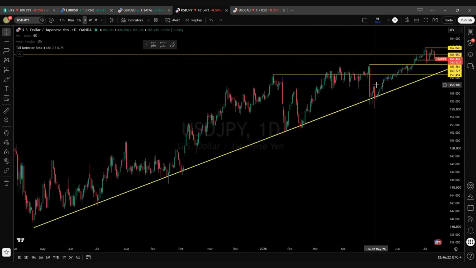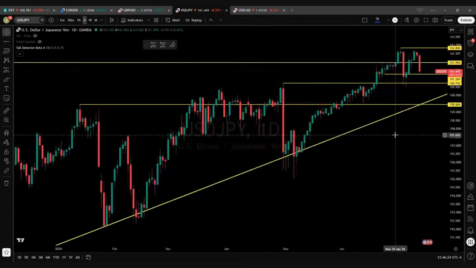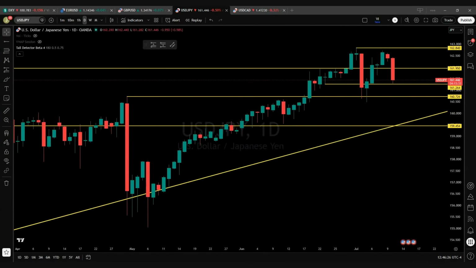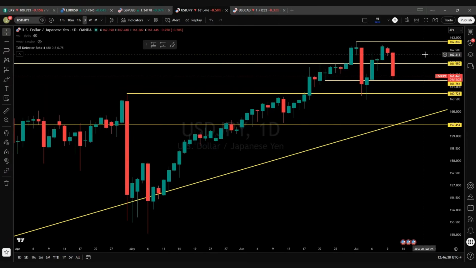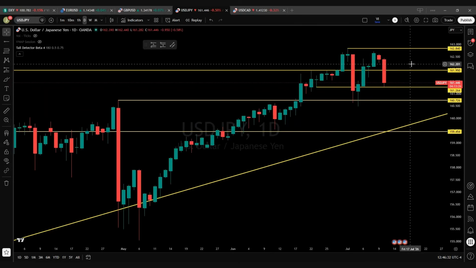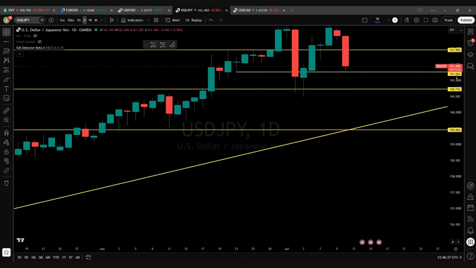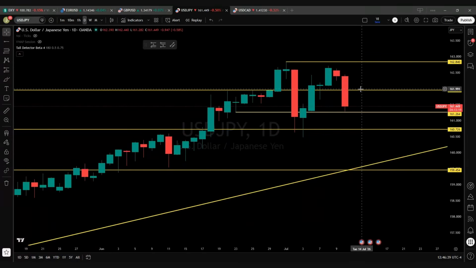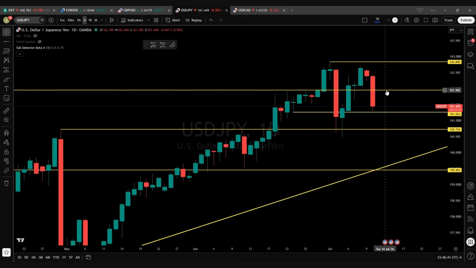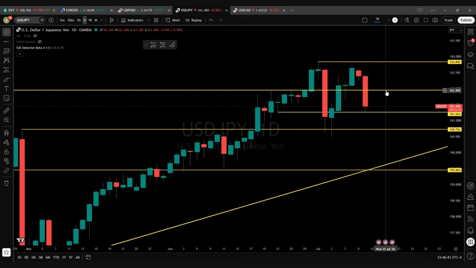I know there is the Japanese intervention going on and their government figuring out different ways they can to boost the yen, and they may be delving into other assets or avenues to give this a boost. But as we see today, price was able to break below this level and it is now resistance.